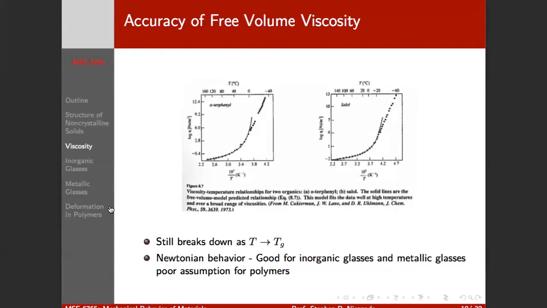If viscosity is our proportionality constant between shear rate and stress, it means we have 15 orders of magnitude change in the amount of stress it takes to cause plastic flow over that range, right? That's huge. That's astronomical, right? So by the time our free volume viscosity really starts to break down, we're basically acting like an elastic solid anyway, so we don't need to worry about it too much.